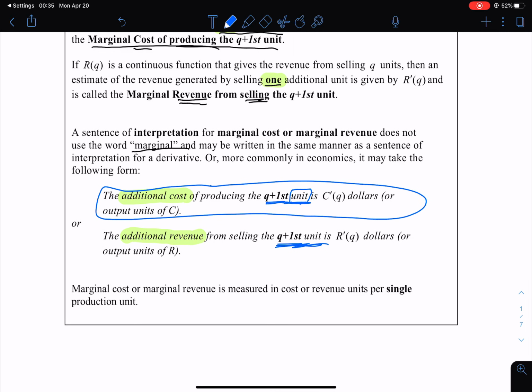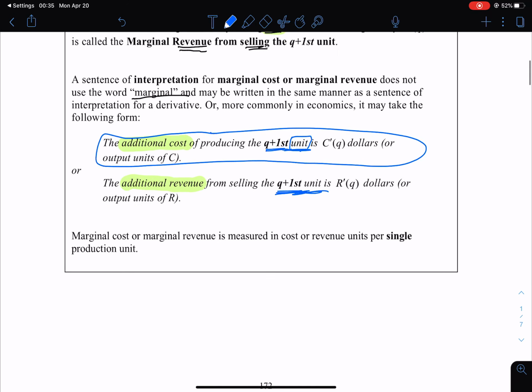And then it is C prime of Q, dollars, or just the output unit of C. And this one is similar: R prime of Q, dollars, or output units of R. And the keyword here is per single production unit. So marginal cost or marginal revenue, they are actually the same thing, measured in cost or revenue units per single production unit.